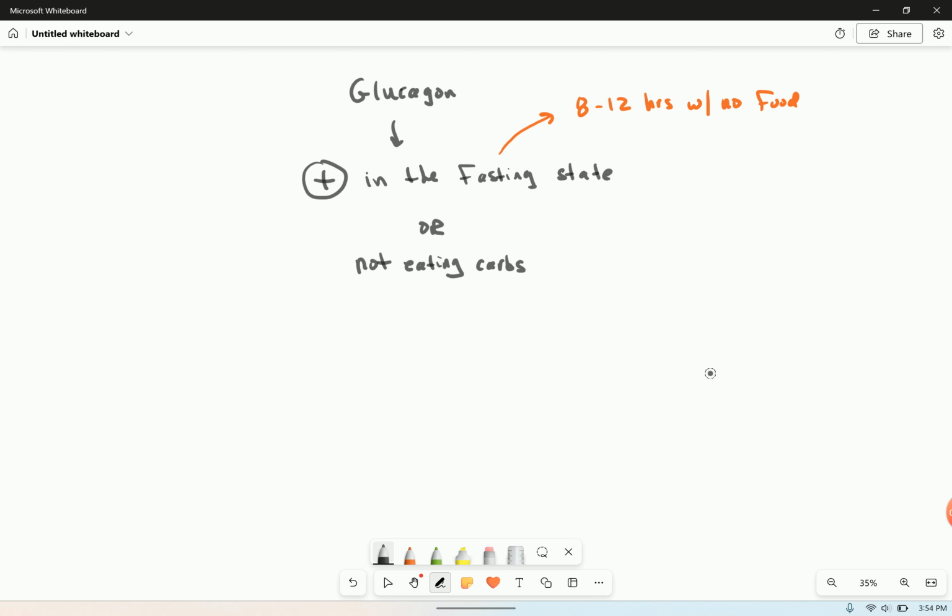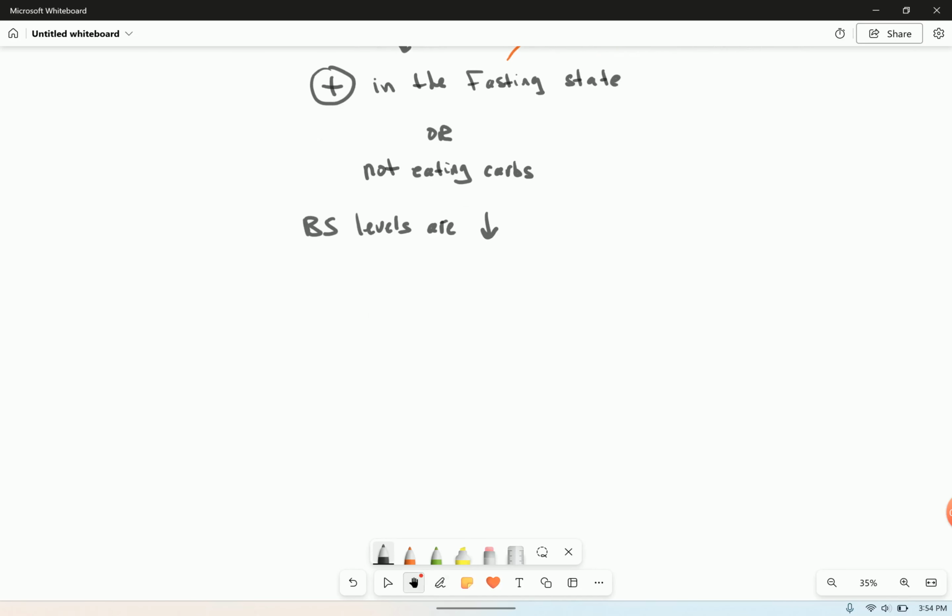In the fasting state, you activate glucagon. And what is happening is your blood sugar levels are very low, so glucagon is activated.